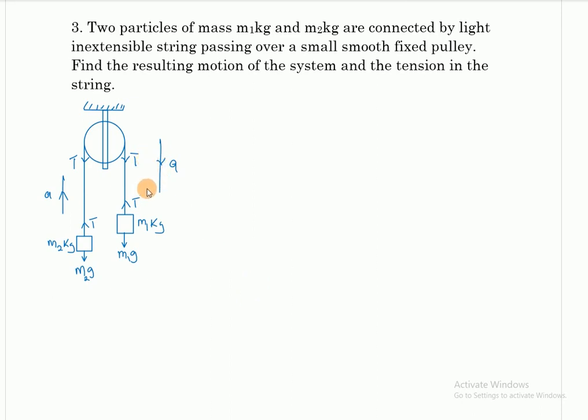Now, as m1 moves downwards with an acceleration a, this one shall be moving upwards with acceleration a still. The tension is the same on both sides, because this is a smooth pulley. We are going to make a supposition: suppose m1 is greater than m2.